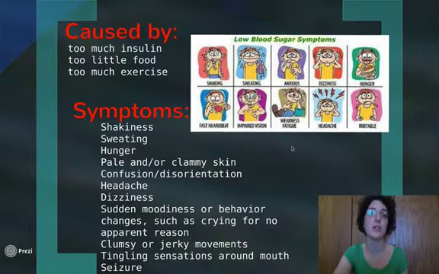The symptoms include shaking, sweating, feeling hungry, being pale or having clammy skin, feeling confused or disoriented. Sometimes kids will complain of headache or dizziness. There can also be sudden mood or behavior changes, like crying for no obvious reason. And as the blood sugar gets lower and lower, kids will start to have clumsy or jerky movements, possibly a tingling sensation around their mouth, and ultimately they can actually have a seizure if it gets way too low.